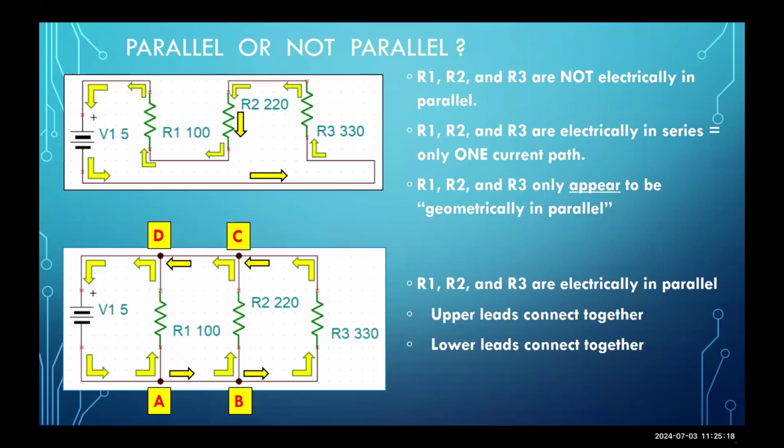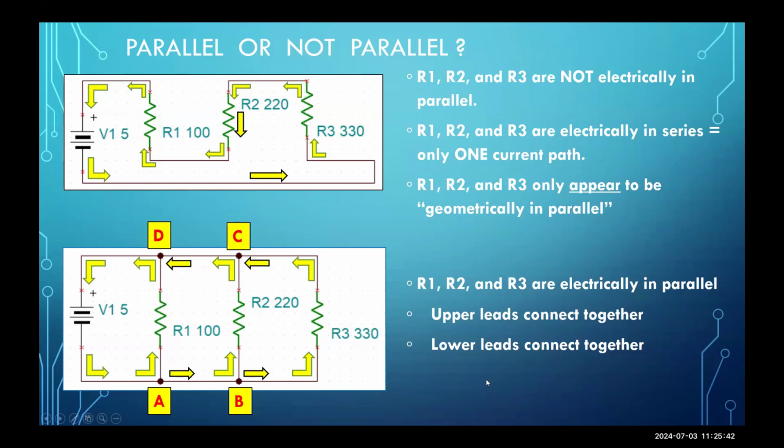Do they connect at the lower part of the circuit? The answer is yes. So the definition of parallel that I gave you earlier: if 2 or more devices have leads on one side connecting to one point, and then the leads on the other side, meaning the bottom side of these resistors, connect to a separate point, then they are truly in parallel with each other.